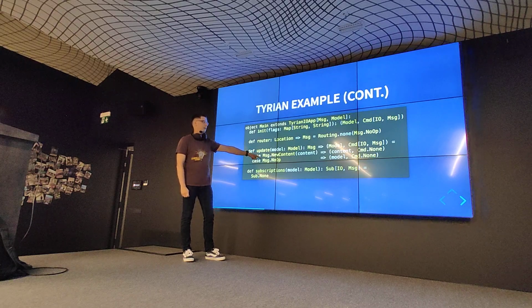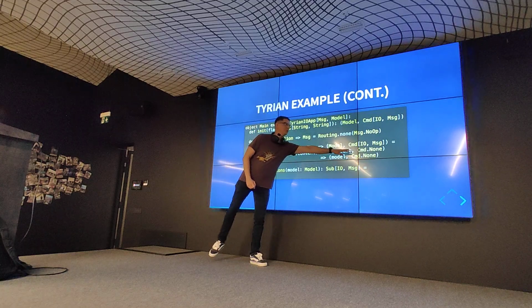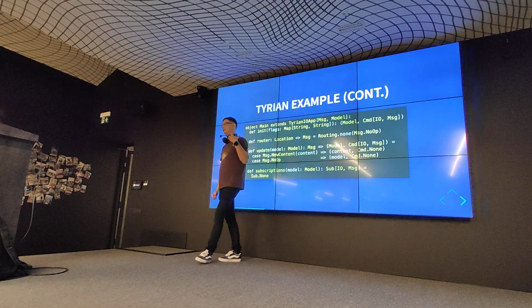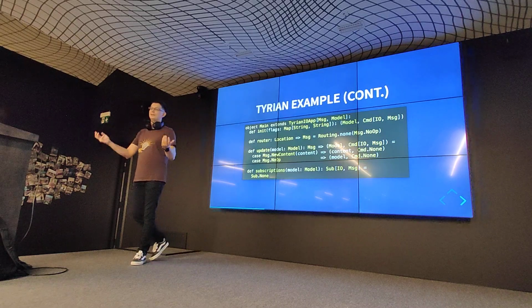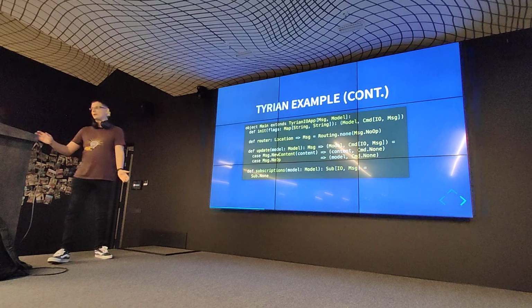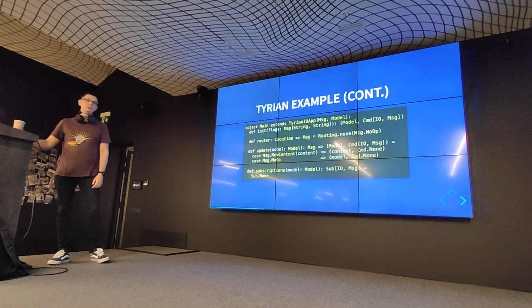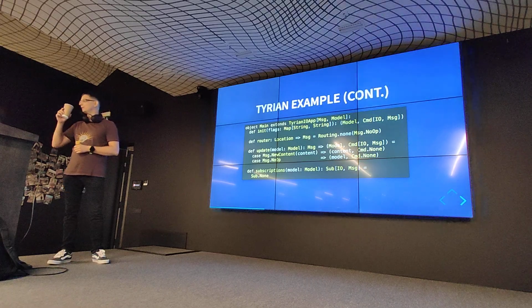And you get a message, and you say, if the message is this, then return this new model and do a command. And commands are basically like sending a network request or some other side-effectful things. So this model is exactly the same one that's used in the Elm language, and Tyrian just replicates it on Scala.js.